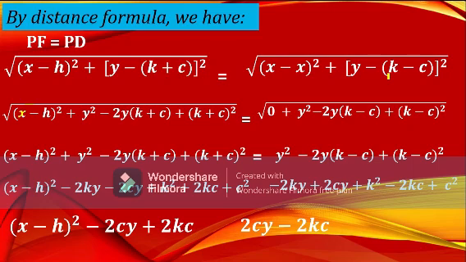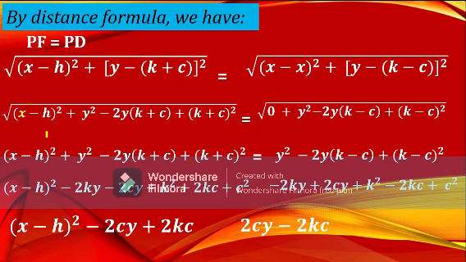This is the square of a binomial. Square the first term, you have y squared, twice the product of the first and the second term. Again, our first term is y, our second term is k minus c, so that becomes 2y times k minus c. Then square the last term, you have k minus c quantity squared. Okay, let's continue.